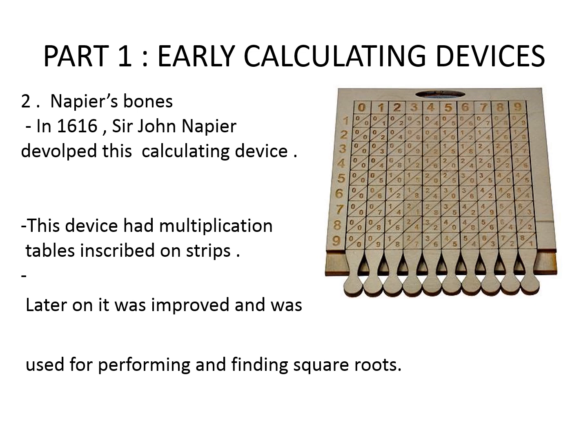Sir John Napier developed this device, and it had multiplication tables inscribed on strips, for numbers 0 to 9. Later, after a few years, it was improved, and rather than being used as a calculating device, it was used for finding square roots.